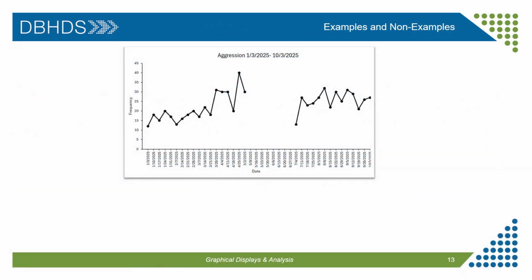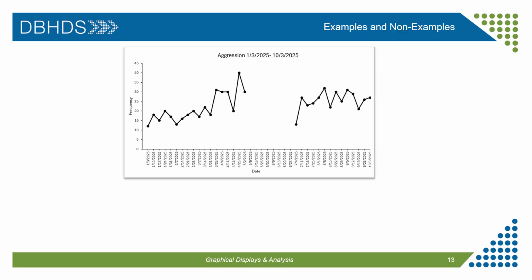Next, we will use fictional data to present examples and non-examples of plans adhering to the required minimum elements for graphical displays and analysis, starting with a non-example. For instructional purposes, this fictional plan under review targets one behavior for decrease, aggression, and one behavior for increase, a functional communication response of requesting a break.